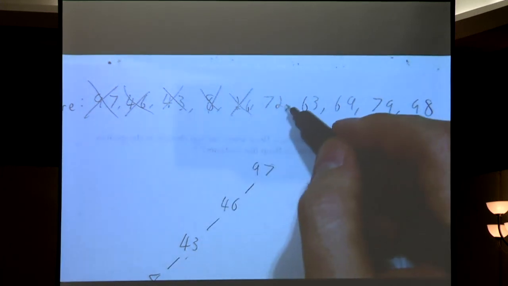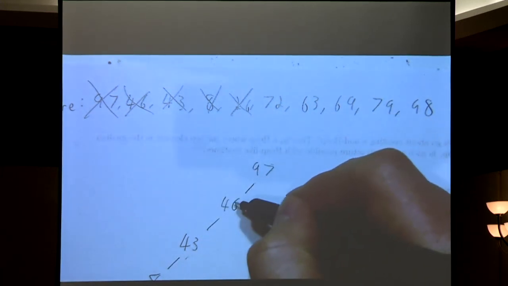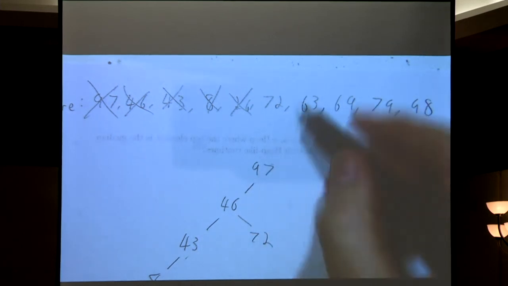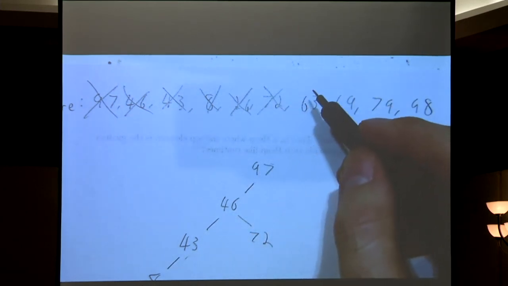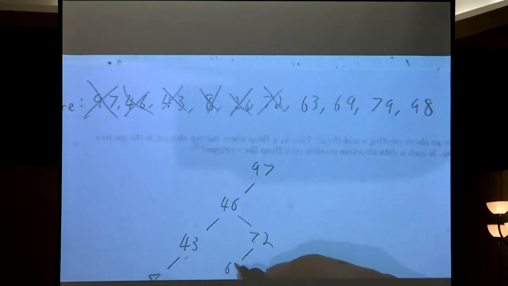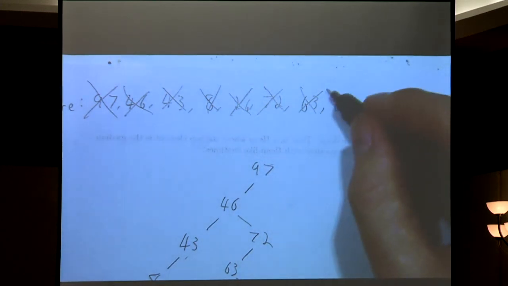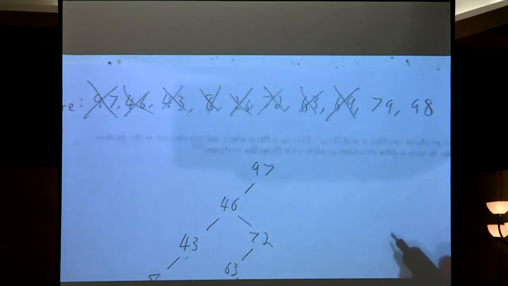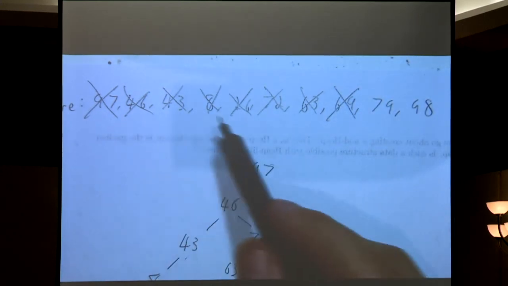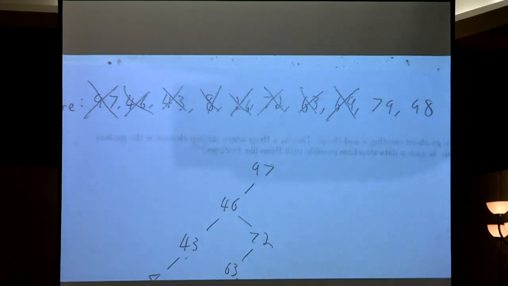Next is 72, which is less than 97, greater than 46. Then 63, 69. Again, so far this checks out with the order because pre-order prints out the nodes in the order that you visit them in.